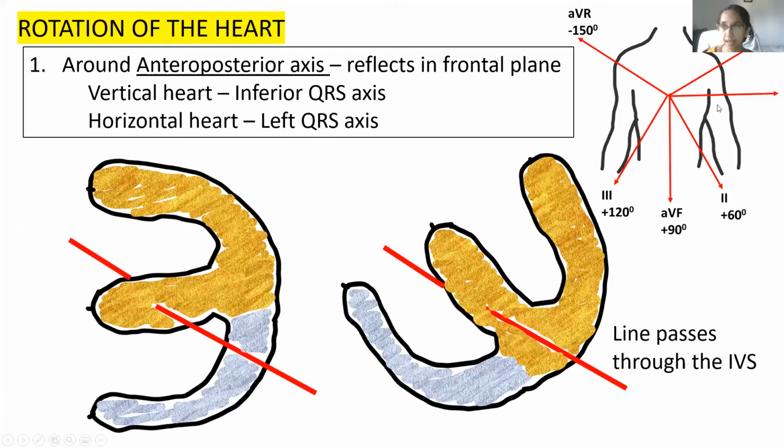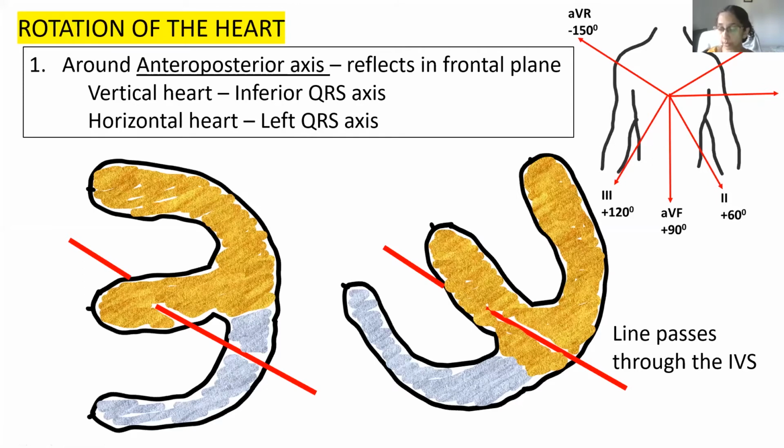So if I have a heart which is horizontal, the heart is going to look like this in a frontal plane. This red line is the imaginary line across the anteroposterior axis. And if I have my heart which is horizontal, then my QRS complex is going to have a net vector leftward. This is in the frontal plane.